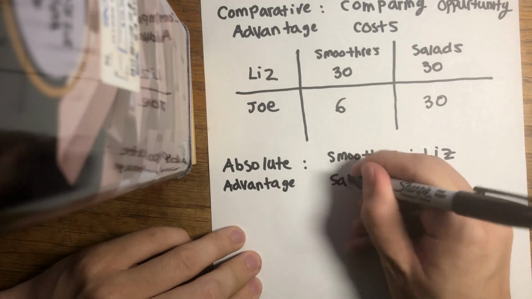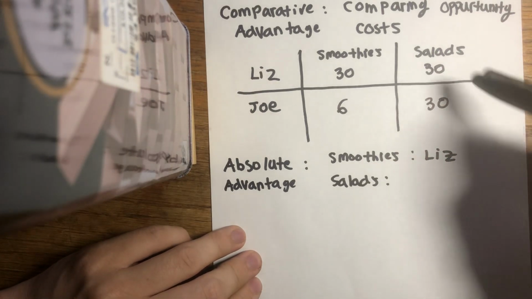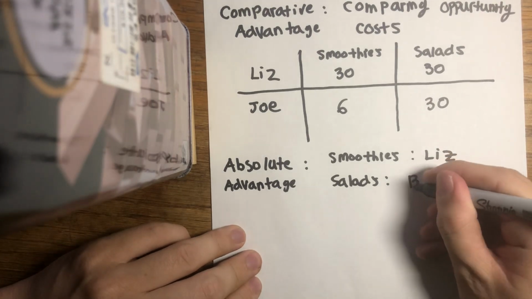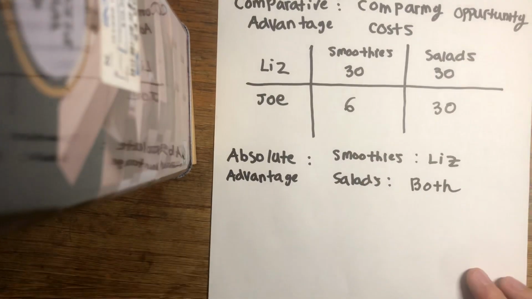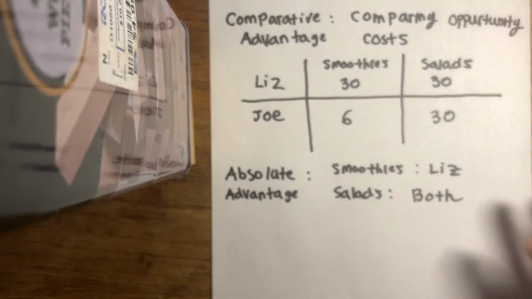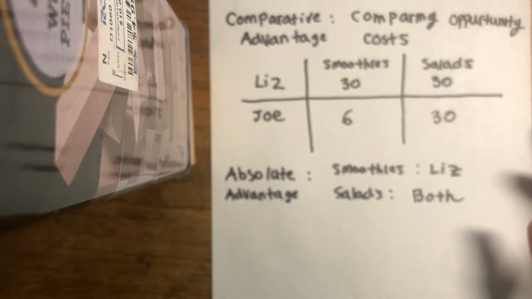In terms of salads, who has the absolute advantage in making salads? They're 30-30. They're both exactly the same, so therefore they both have the absolute advantage. Okay? Generally, like I said before, it's straightforward to calculate because you're only comparing the outputs.